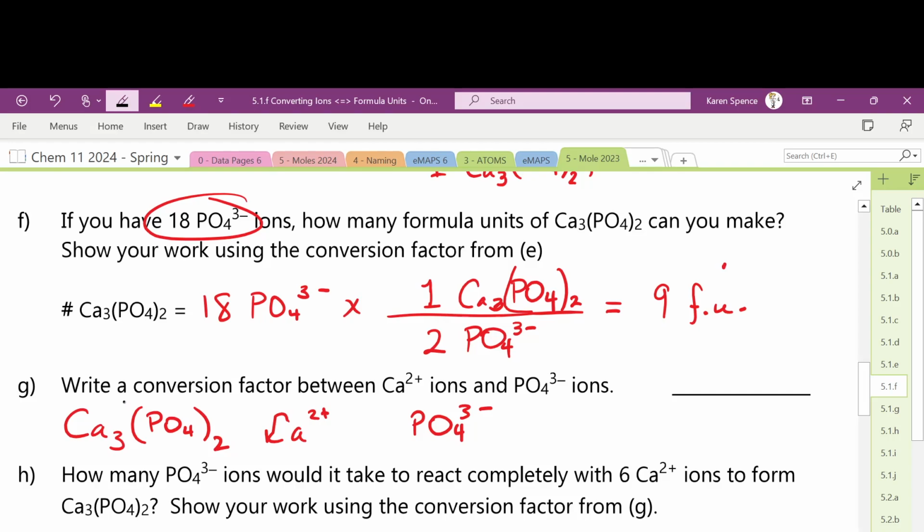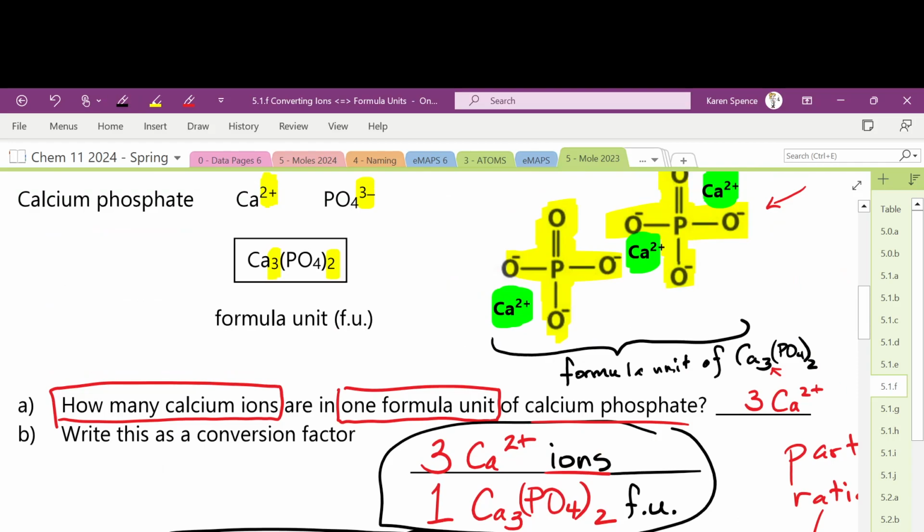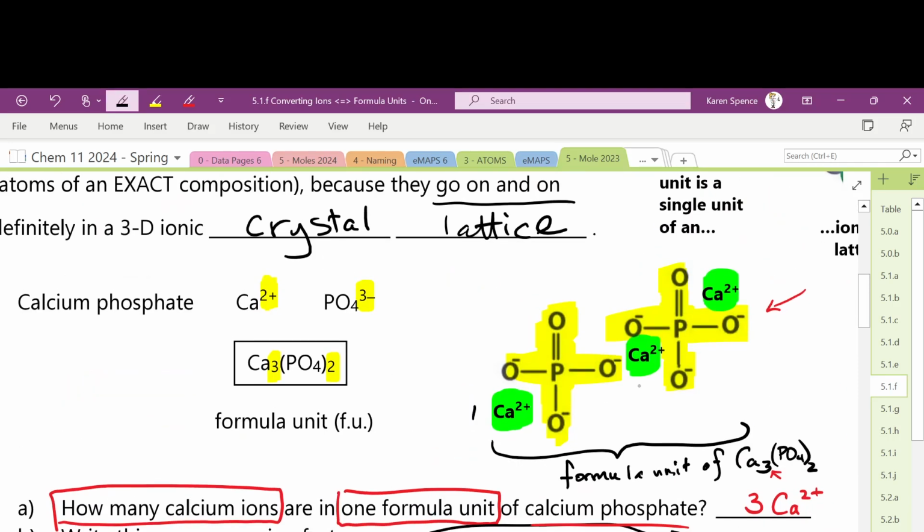You say, how many calciums do I have? 3 calciums. And every time I have 3 calciums, how many phosphates do I have? 2, right? 2 PO4s. And if we go back and we look, we say every time I have 1, 2, 3 calciums, I have 1, 2 phosphates.